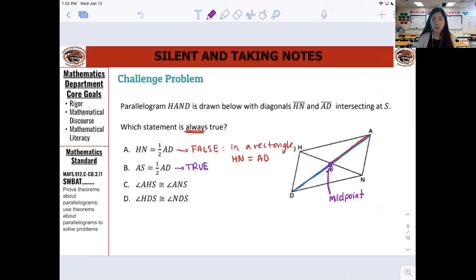Now let's just double check all the other ones. AHS is congruent to ANS. Well, first of all, do those even look congruent? Definitely not. If those were congruent, then this would be a rhombus. This is only true for rhombuses.